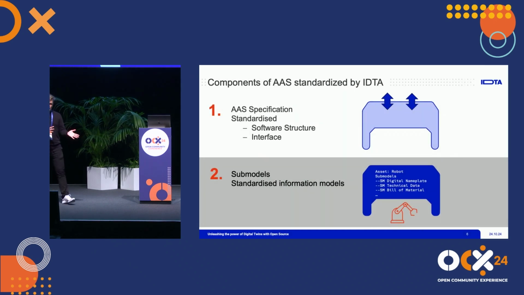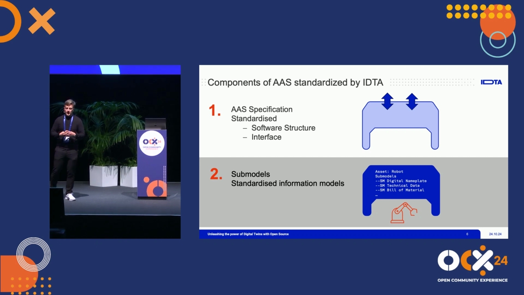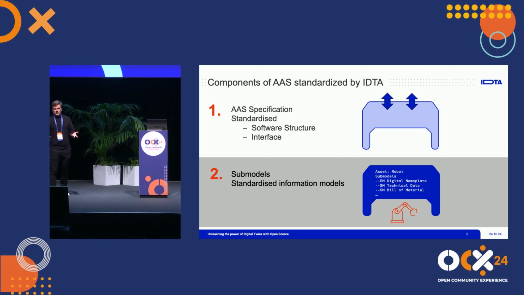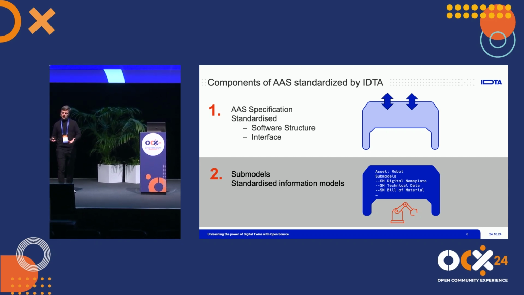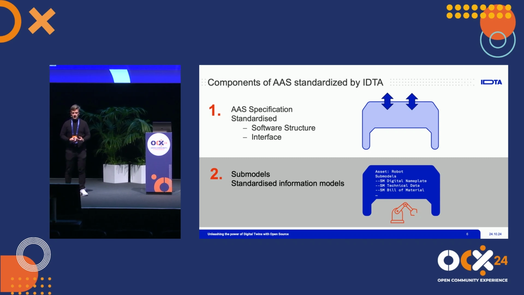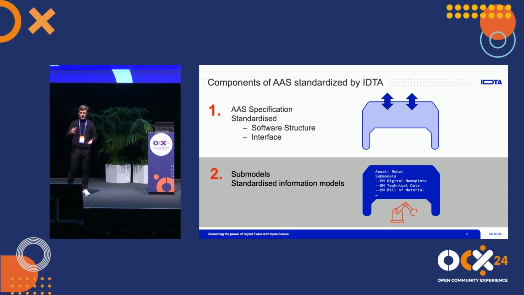Now, back to the components of the asset shell. This is also to give you a motivation to understand what the IDTA is doing, and later to understand the role of the Eclipse Foundation when it comes to open source. As I said, the AAS is a standard for digital twins, and it can be composed of two components, which are specified in different manners.